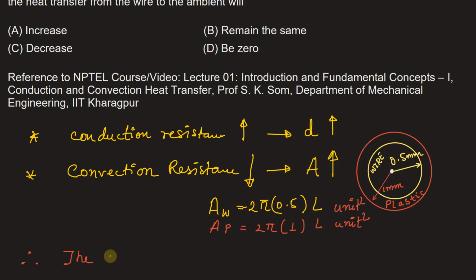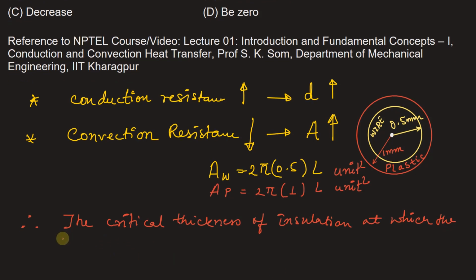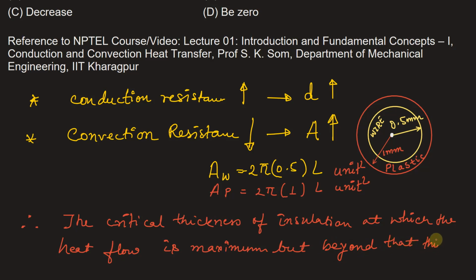The critical thickness of insulation at which the heat flow is maximum, but beyond that thickness there will be reduction in heat transfer.